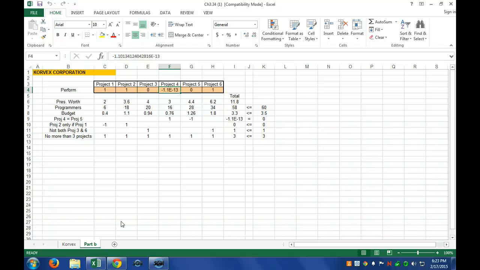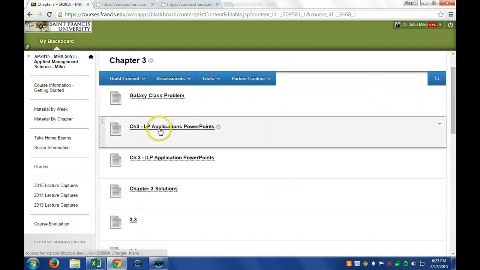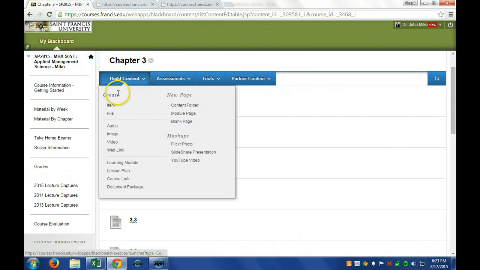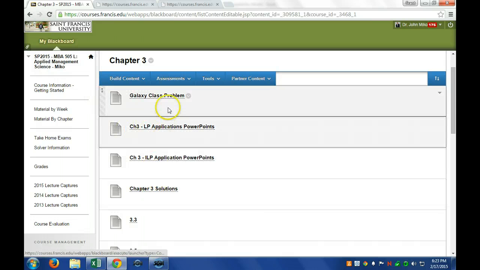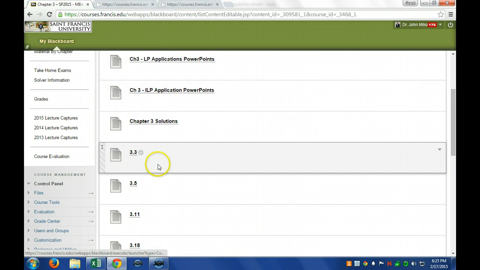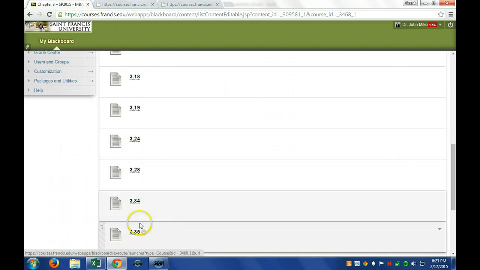Questions? Is the solution up on Blackboard? Yeah, all solutions are on Blackboard. This is chapter 3. You'll see the PowerPoints, but also under there you'll see all the solution Excel files.